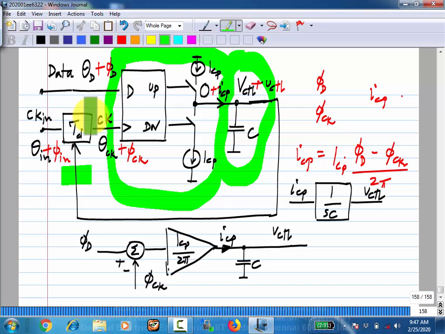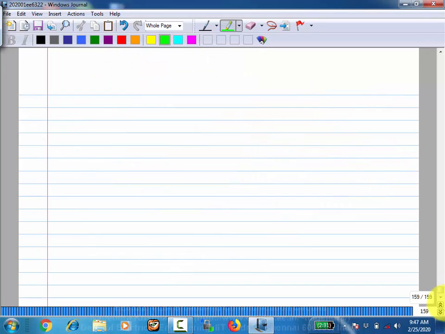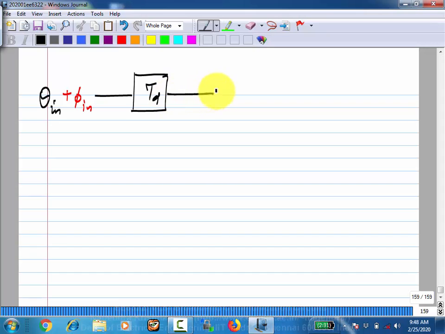Okay. What is the model of this delay line? So again, what I have is this going through a delay line, and the output is.